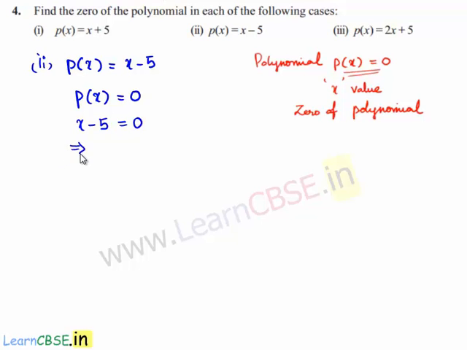That implies, let us transfer the minus 5 to right hand side. This gives x is equal to 0 plus 5, which is nothing but x is equal to 5. Therefore, x is equal to 5 is the zero of the given polynomial.